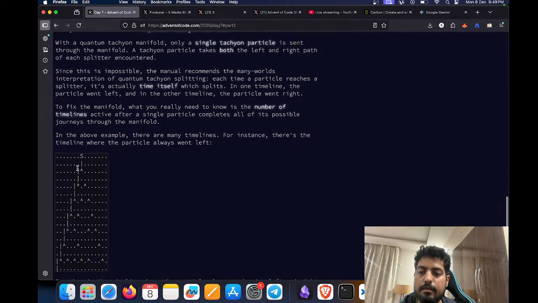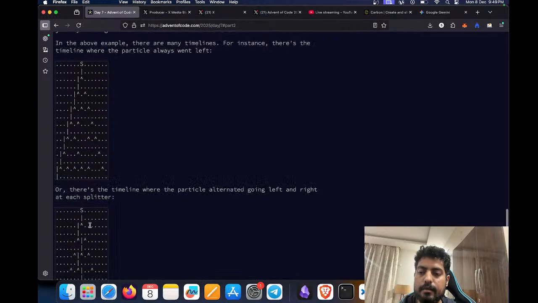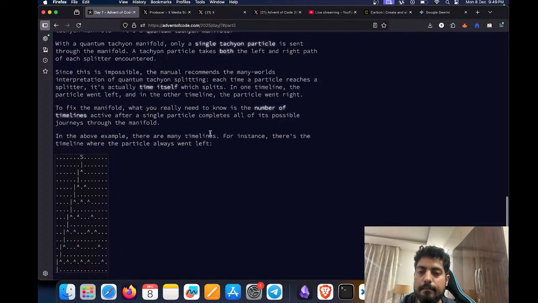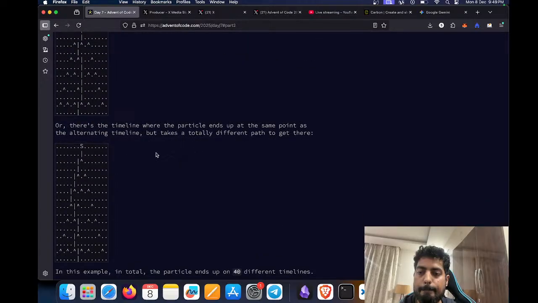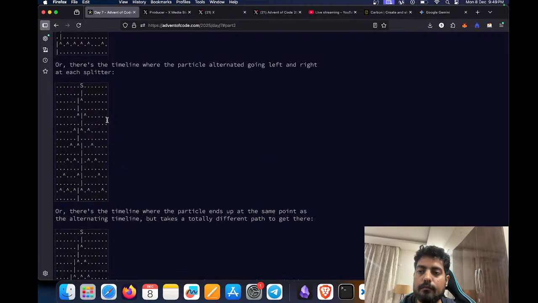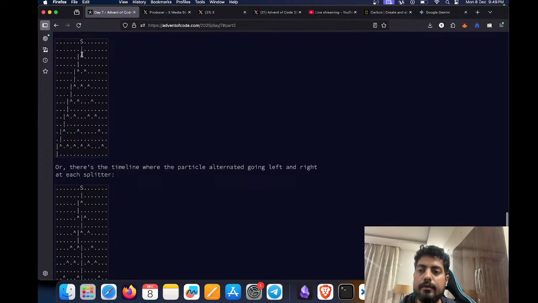In one timeline, the particle went left, and in the other timeline, it went on this path on the right. So basically, we need to have all the possibilities here.